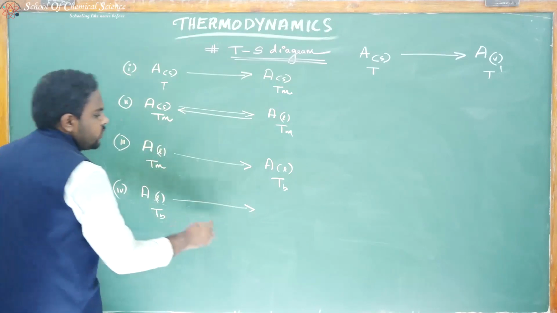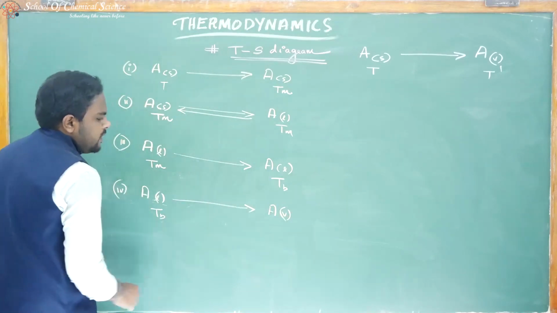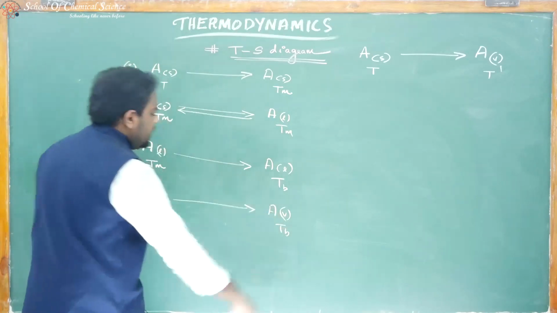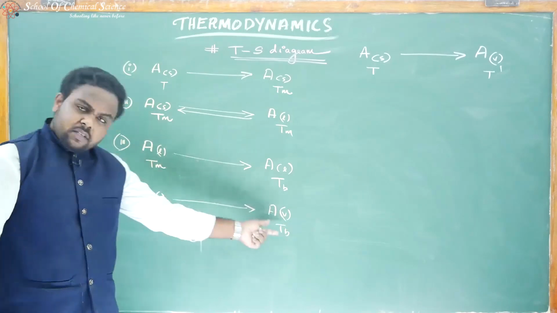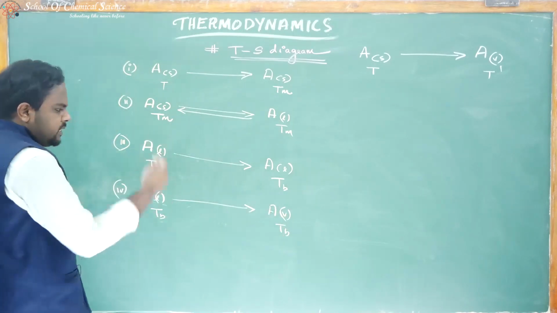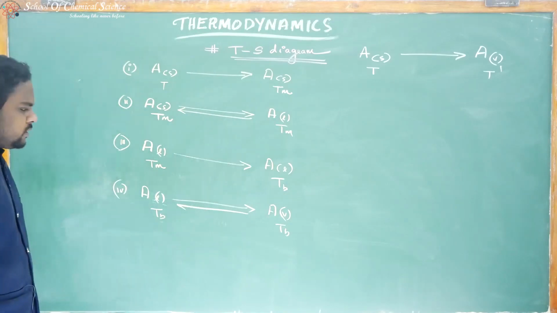Fourth step, A, which is a liquid at boiling temperature, that means 100 degree Celsius, is converted into a vapor at the same temperature T B. Liquid is converted into vapor. That process takes place at the same temperature, 100 degree Celsius. This is also a reversible process.